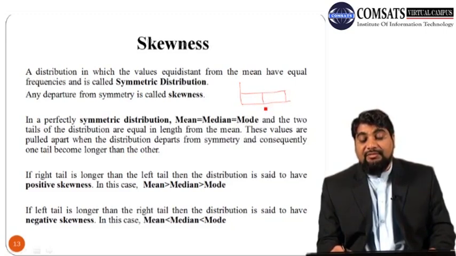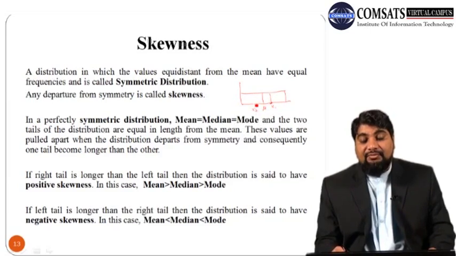So here is the mean of this distribution. Let us consider observations which are equidistant from the mean. Let's say this observation is x1, and here we have x2.